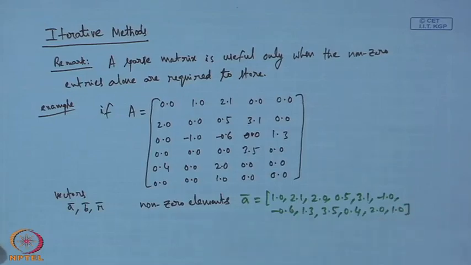So, this is vector A. All that we have done is store just the non-zero entries.